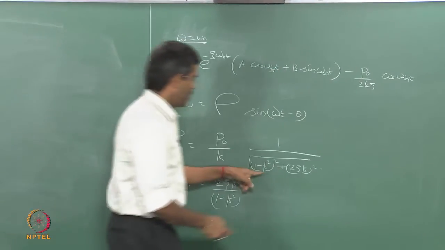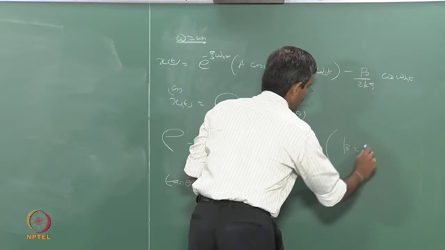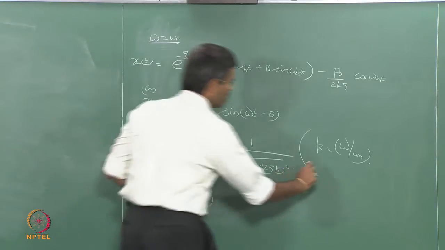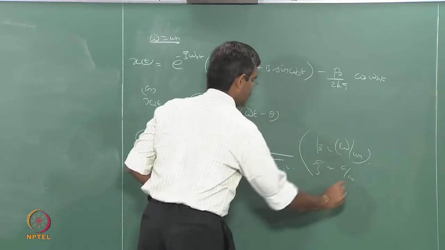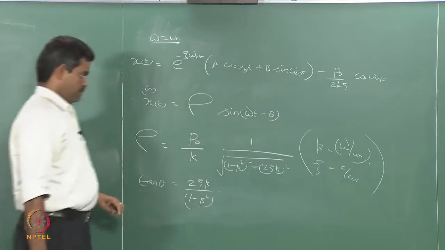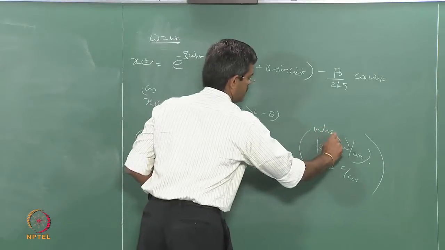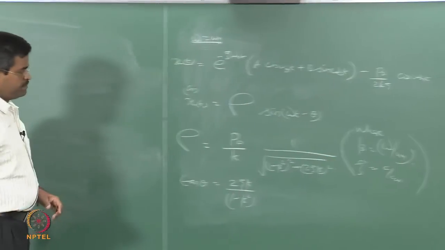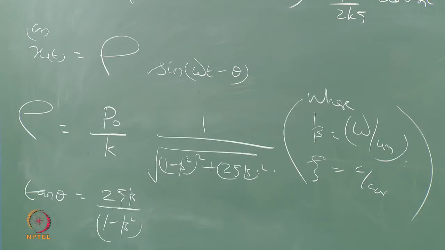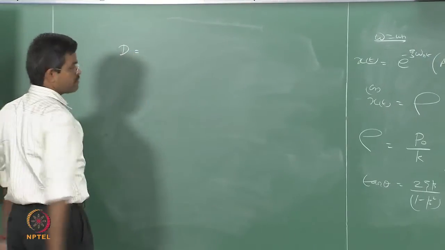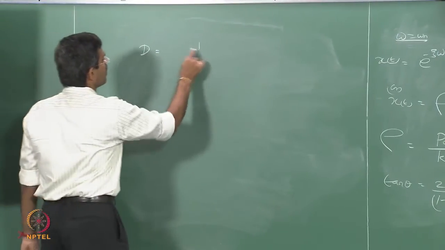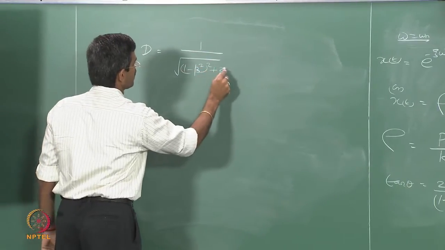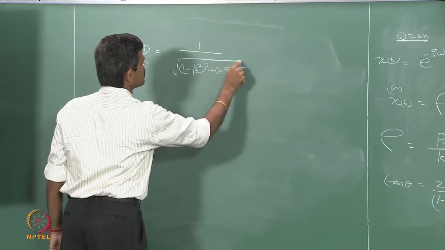We all know that beta is the ratio of the frequencies, and zeta we already know is C by Cc, there is no multiplier here, it is separate. Therefore, the dynamic magnification factor D is given by 1 by root of (1 minus beta square) whole square plus (2 zeta beta) square.